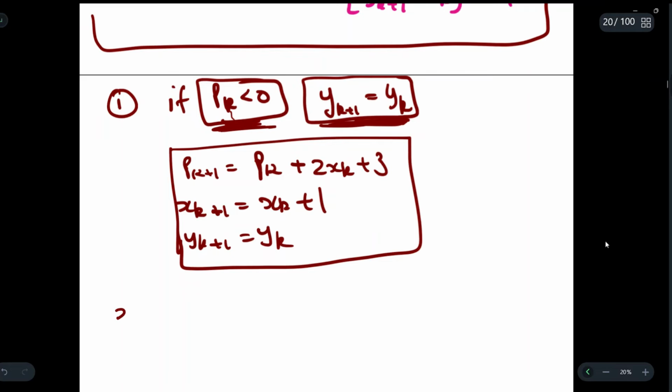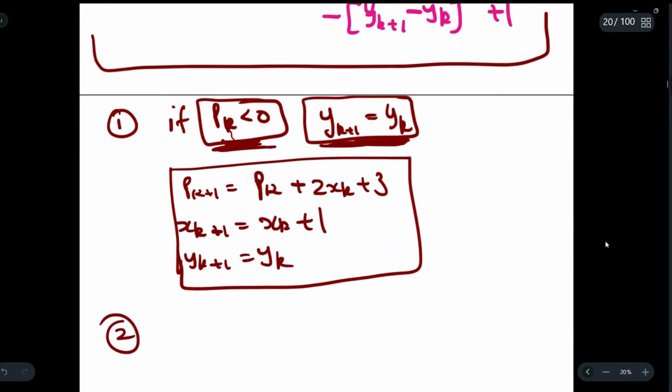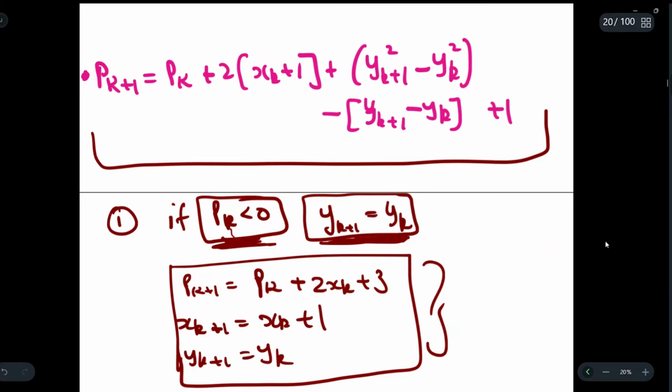Now in the second case we have done nothing in order to find this equation. We have just simply put the value of yk plus 1 in this equation, and on doing so you have got these three equations. These equations are from the points that we had plotted, and we have considered that yk plus 1 will be equal to yk, and we have simply substituted yk plus 1 equal to yk in this equation. That is the equation of pk plus 1.